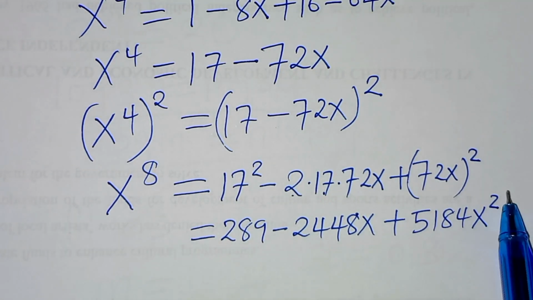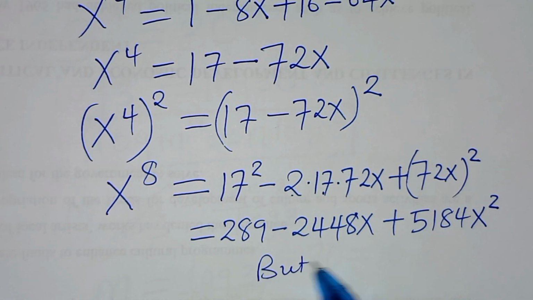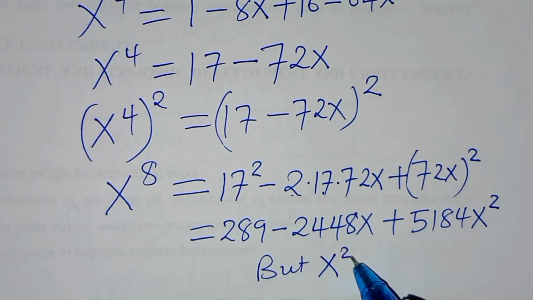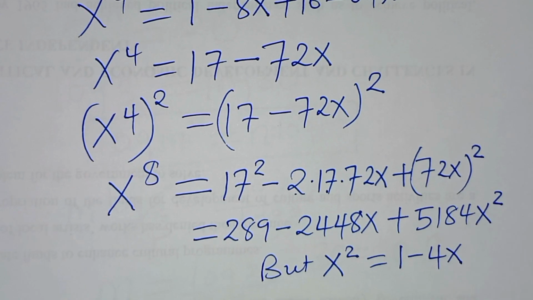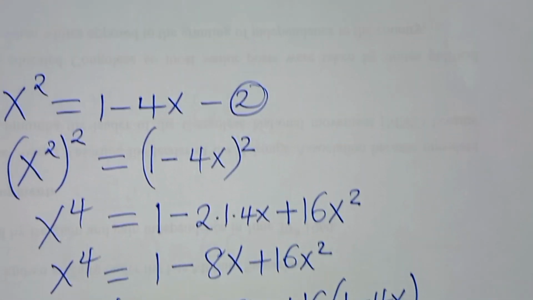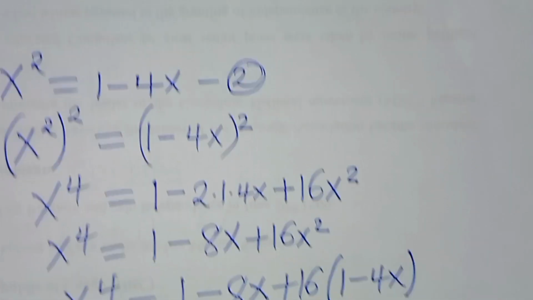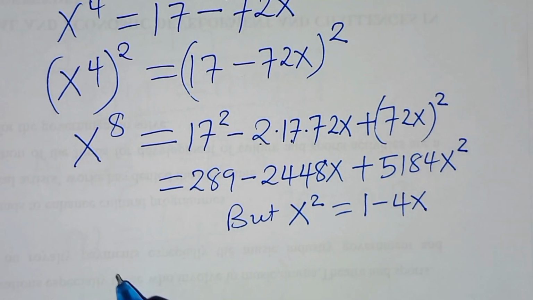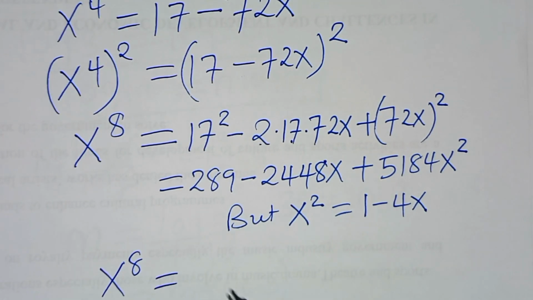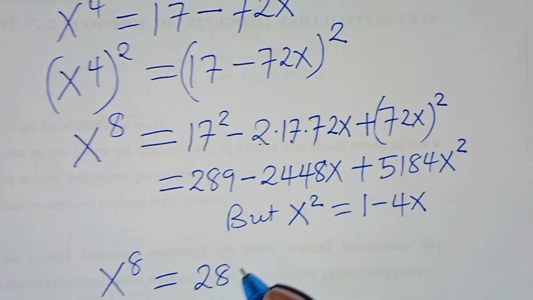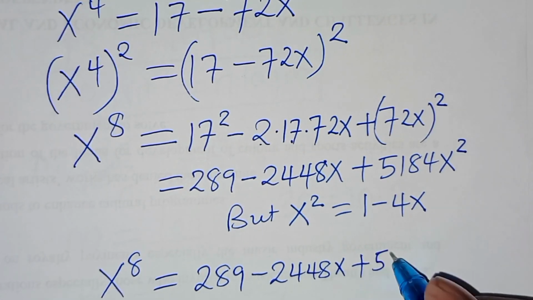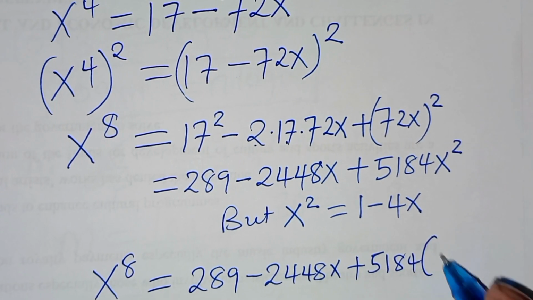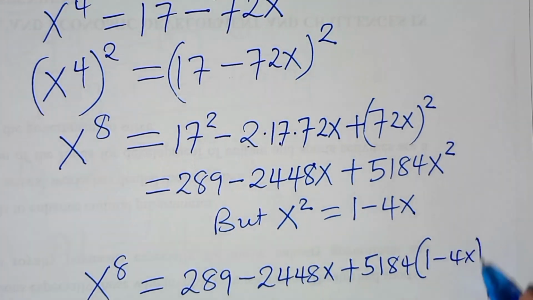But x to the power 2 is the same thing as 1 minus 4x, that is from equation 2. So let's proceed. So here we have x to the power 8 equal to 289 subtract 2448x plus 5184 multiplied by 1 minus 4x.